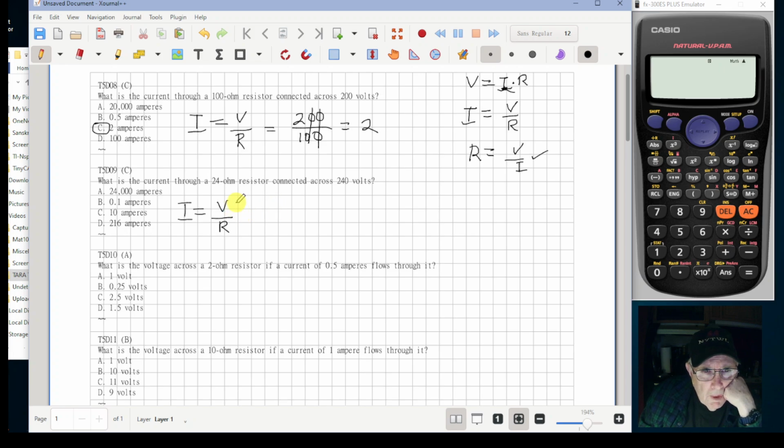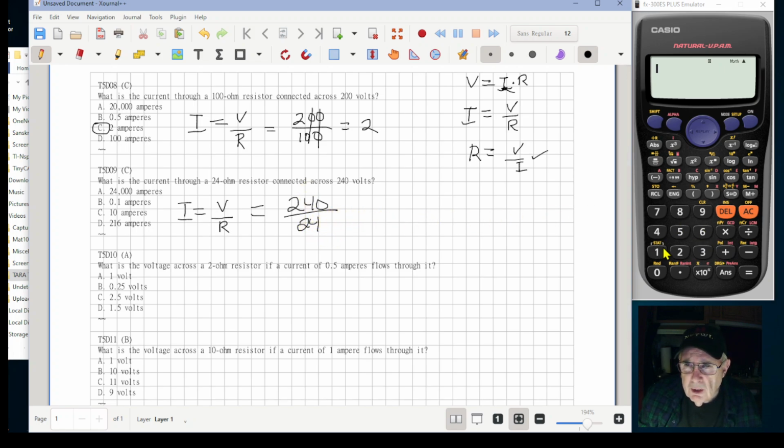Okay, so we want to know what the current is through a 24 ohm resistor connected across 240 volts. So we have 240 volts divided by our resistor, which is 24 ohms. Okay, and what do you want to bet that goes in there 10 times?